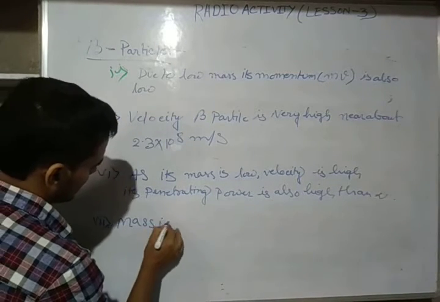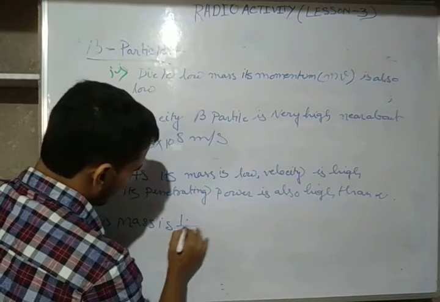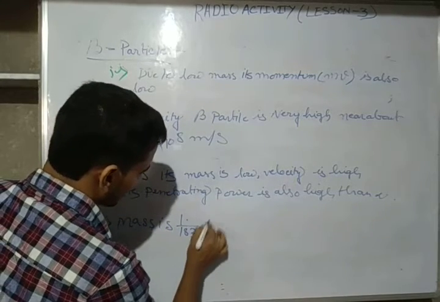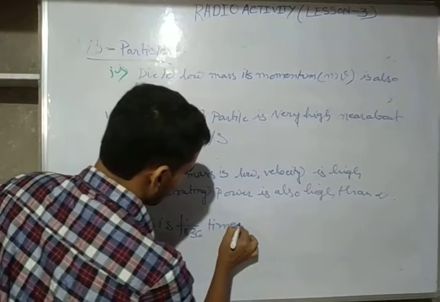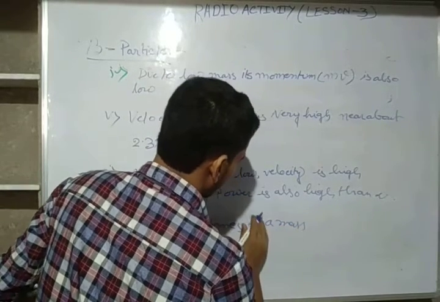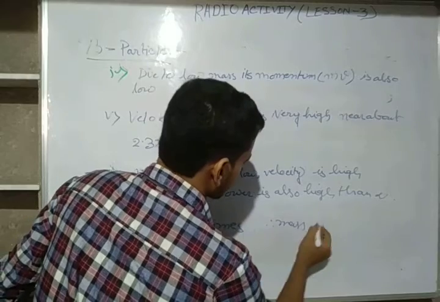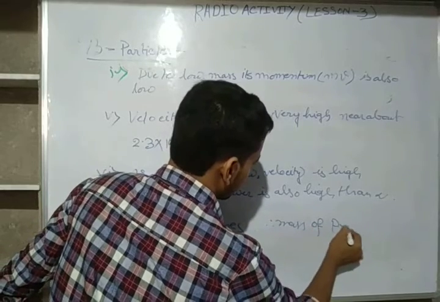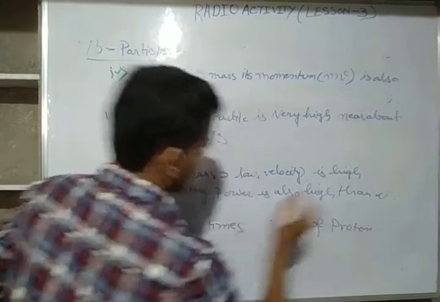Mass is near about 1 by 1836 times of a mass of proton.